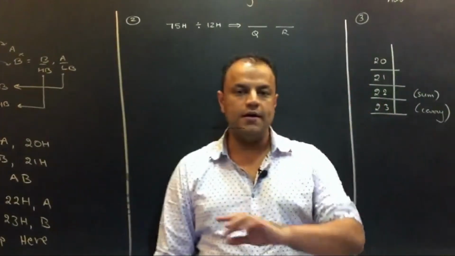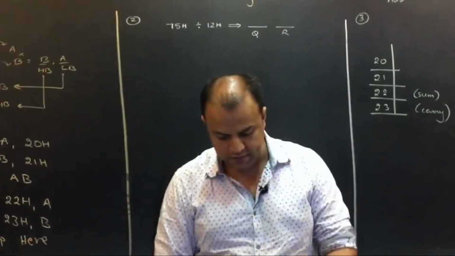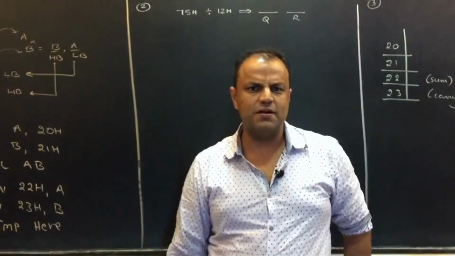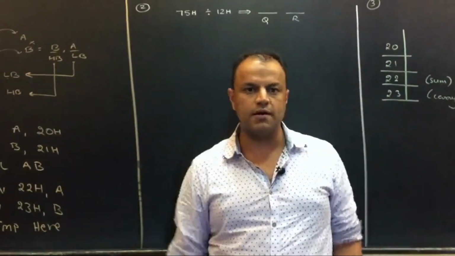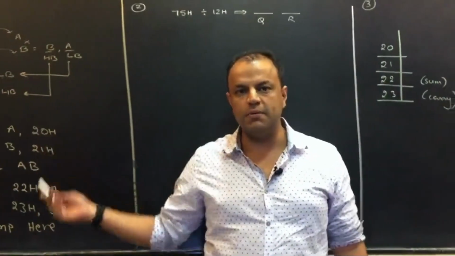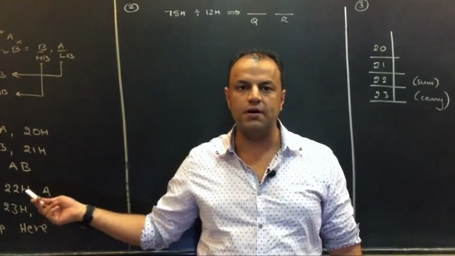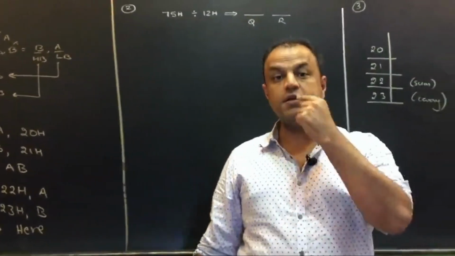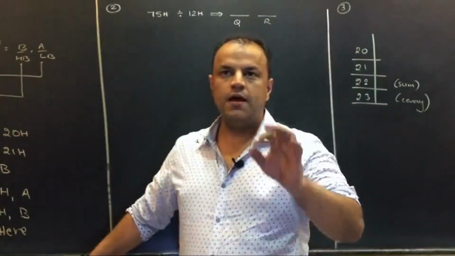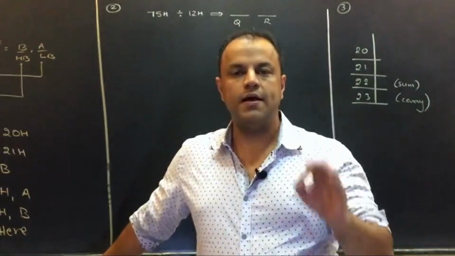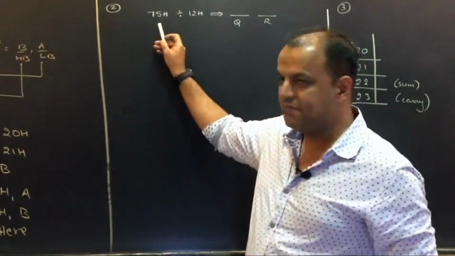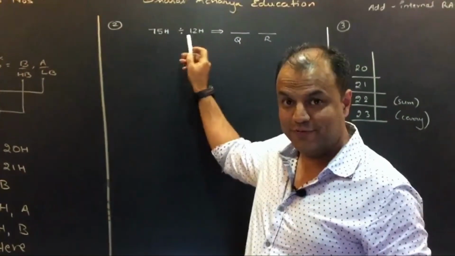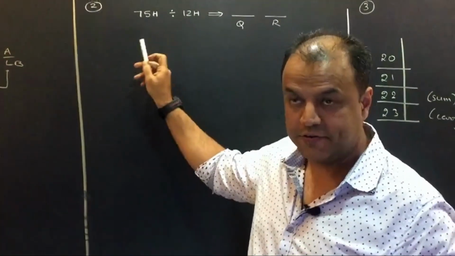The next question: write a program to divide. We did multiplication, now we're doing division. I'm changing the question a little bit, I don't want to keep it monotonous. Write a program to divide 75H by 12. This is actual data, these are not addresses.